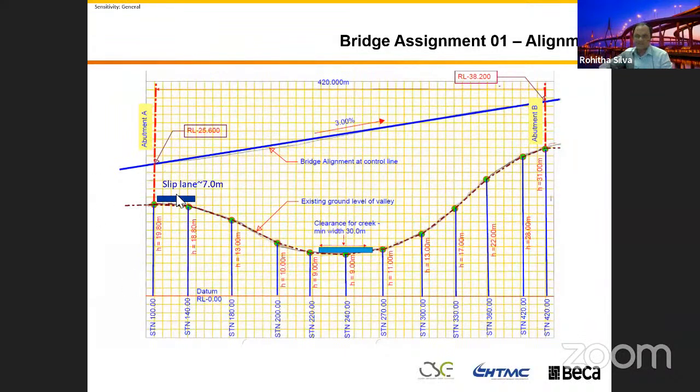When you look at the bridge cantilever height here, it's much less. If you draw this one on a scale, then this bridge looks complicated. That's why I gave that data for you to imagine, for you to get the basic things.